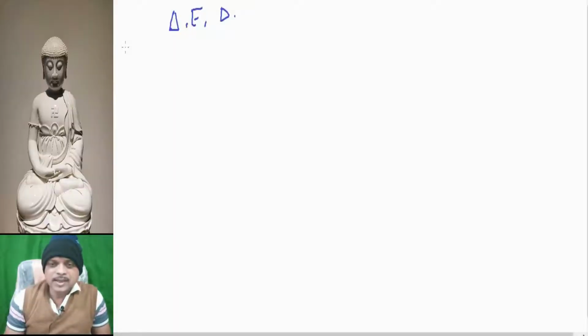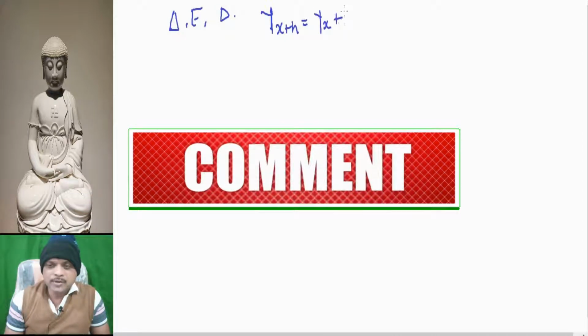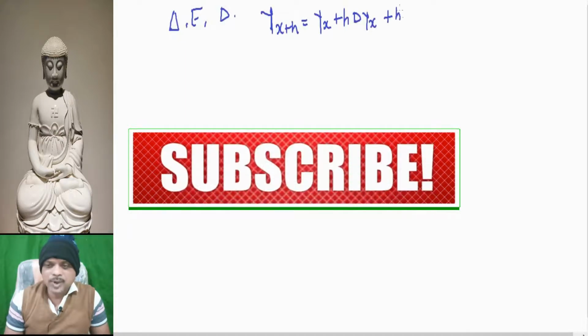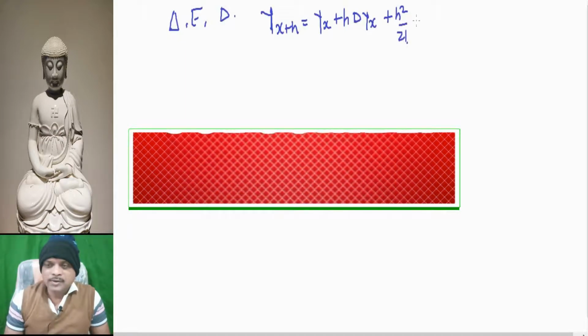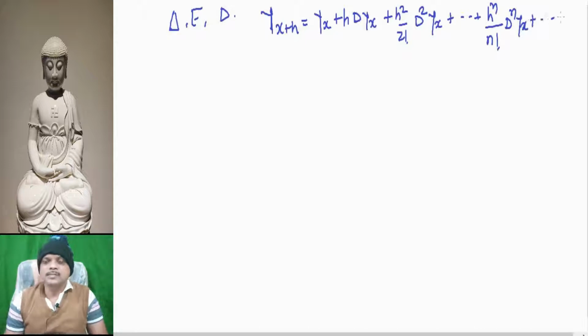y at x plus h equals y(x) plus h times the derivative of y(x), plus h square divided by 2 factorial times the second derivative of y(x), plus up to h raised to n, the last term, the nth derivative of y(x). So, it contains infinite terms.